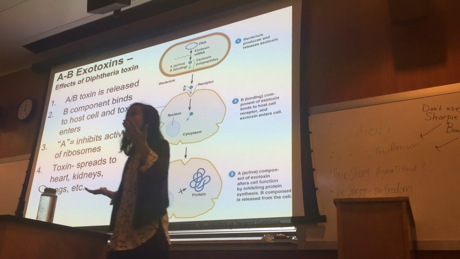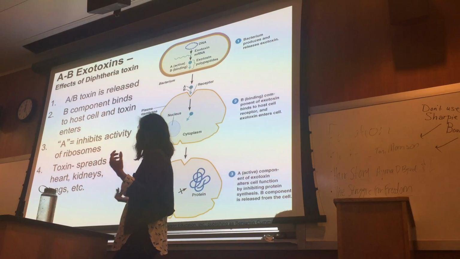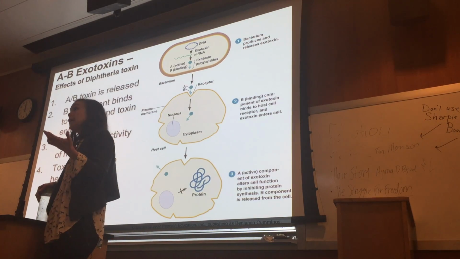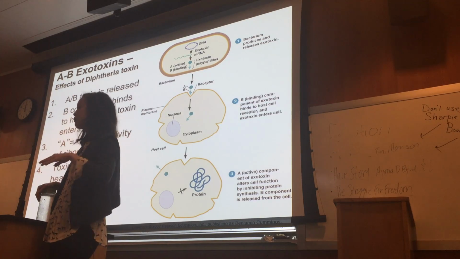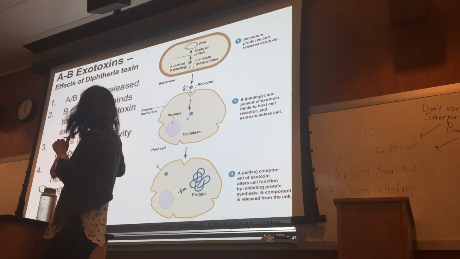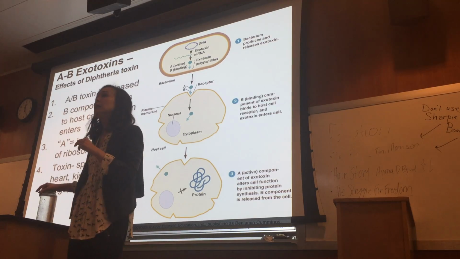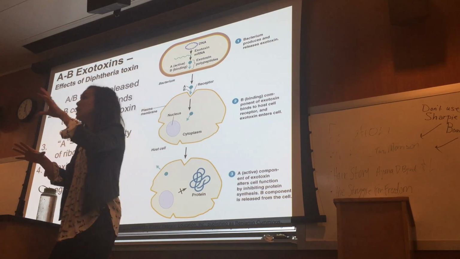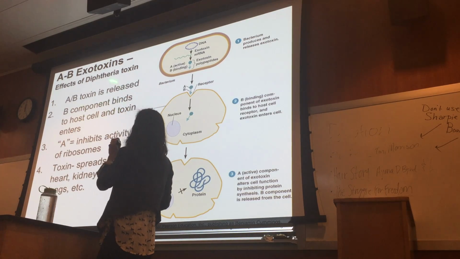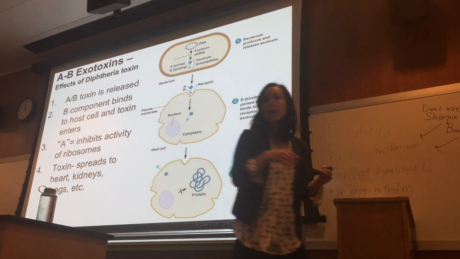Heart is obviously a critical one. So for children, this can actually be very deadly, especially kids under 5. It can cause heart damage, shut down kidneys, and shut down the lungs. So it can start shutting down ribosomes throughout your body. Doesn't necessarily have to stay in your airway.